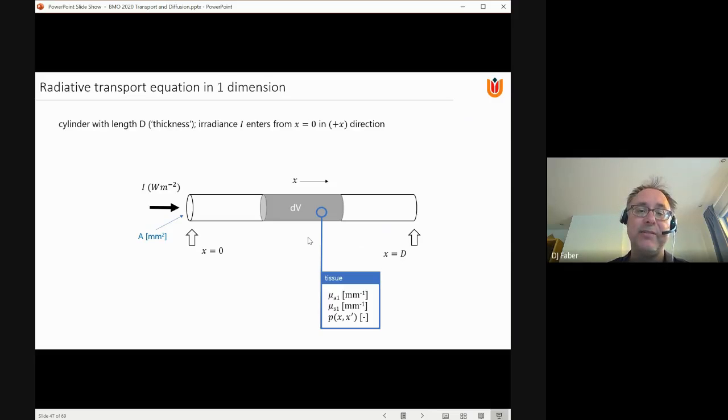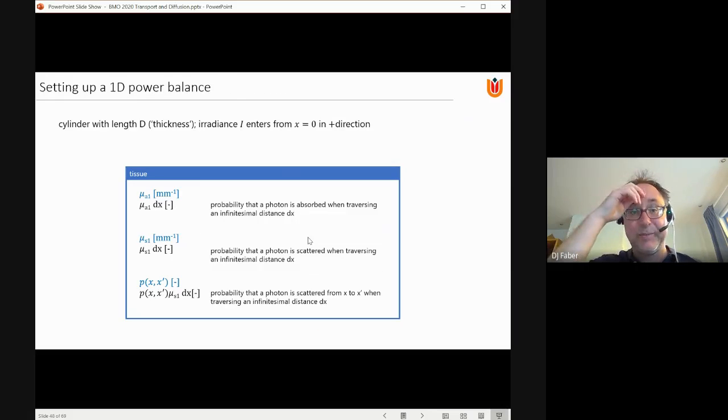But since we're working in 1D now, it basically means that light can only scatter keeping the same direction that it was traveling, or it can reverse direction completely and go back into the direction where it came from. So the phase function in the 1D case gets a lot simpler. Other than that, the interpretations of these coefficients are exactly the same as in the 3D case.